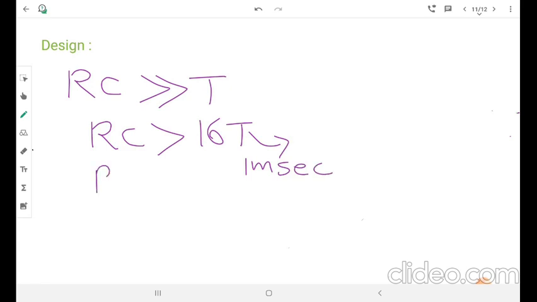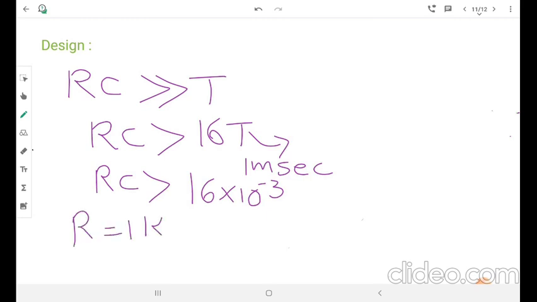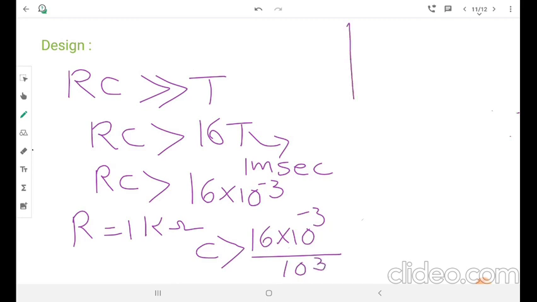Then we can write RC greater than 16 into 10 raised to minus 3. Let R equal 1 kilo ohm. Then we get C greater than 16 into 10 raised to minus 3 divided by 1K, that is 10 raised to 3.